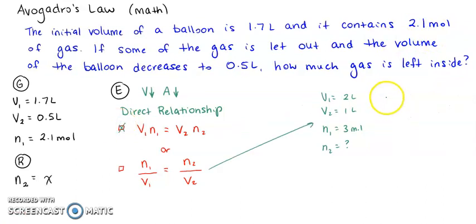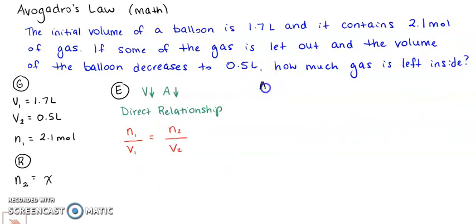If I do the same thing with these numbers in my other equation, I find my second amount of moles is 1.5, which is less than I started with. So this is my direct relationship equation.